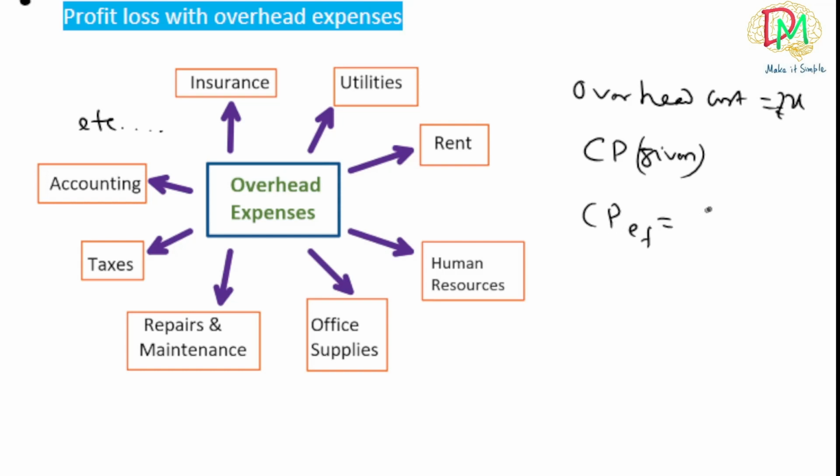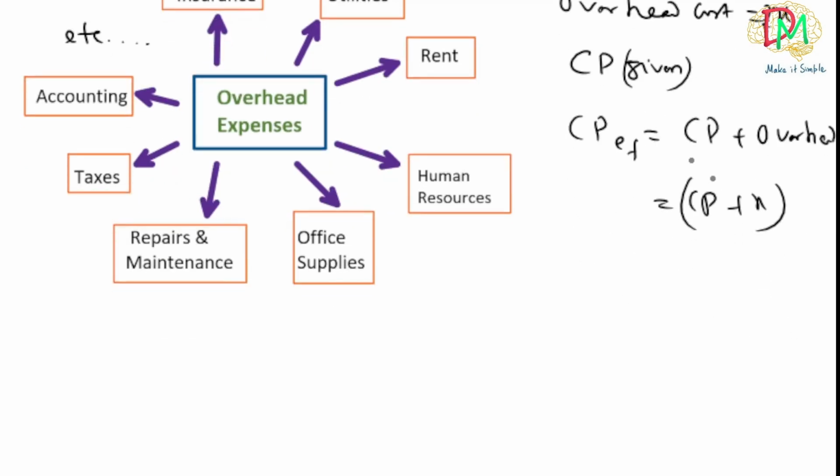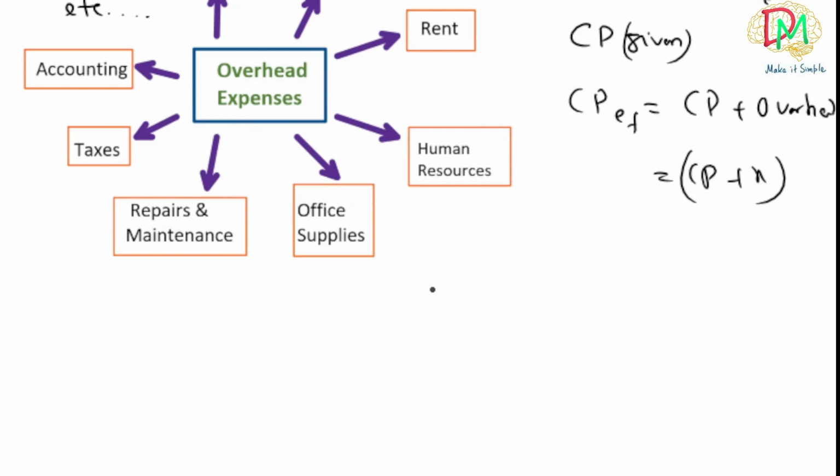You can write CP plus overhead expense. Clear? Then CP plus x. Whatever value of effective cost price you get, you replace the CP in the above formulas, for example the profit percentage.